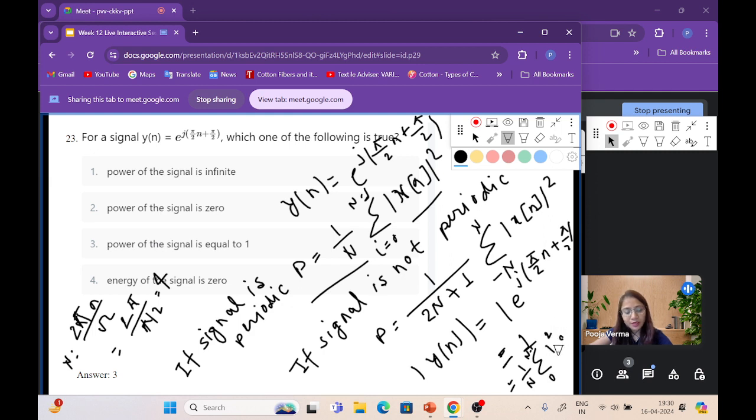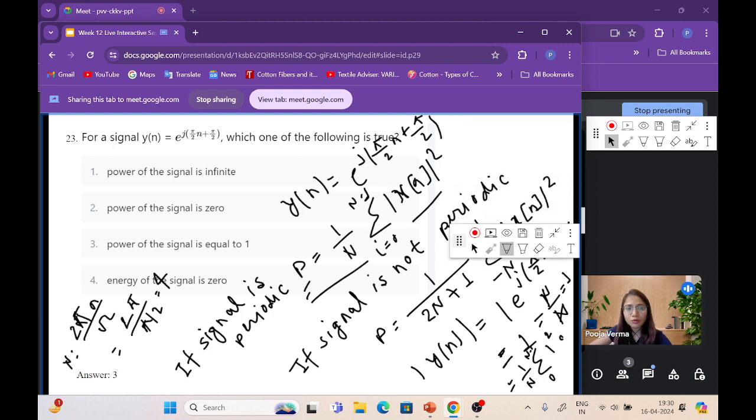So the summation will be 1, N times, so N by N. So we will get 1. The power of the signal is equal to 1.